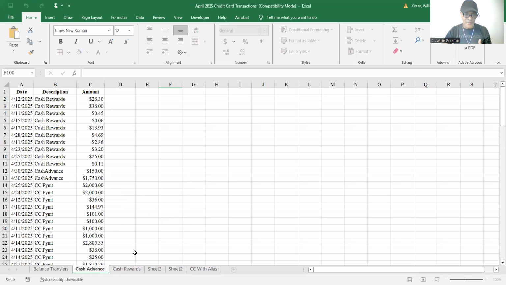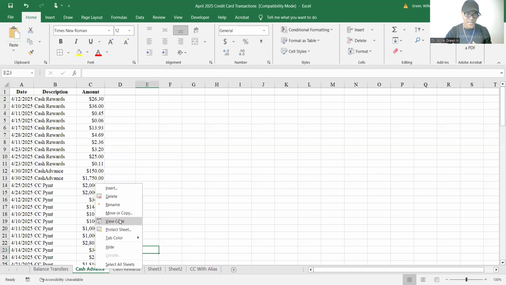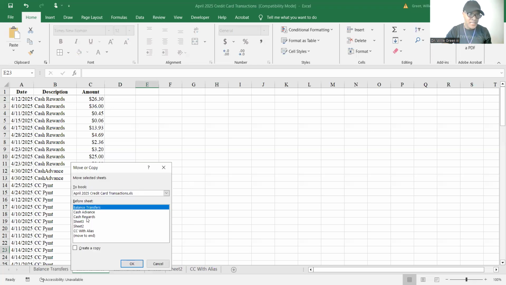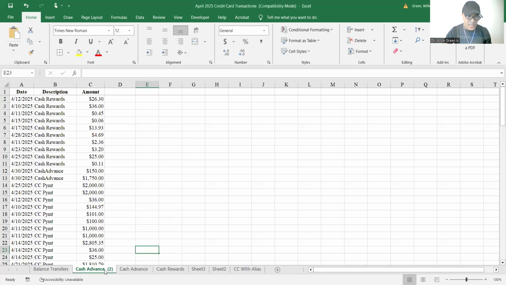And let's go ahead and make another one to save a little bit of time. After the cash advance, the next item is credit card payments. So go to the cash advance, create another one, okay, and call this credit card payments.